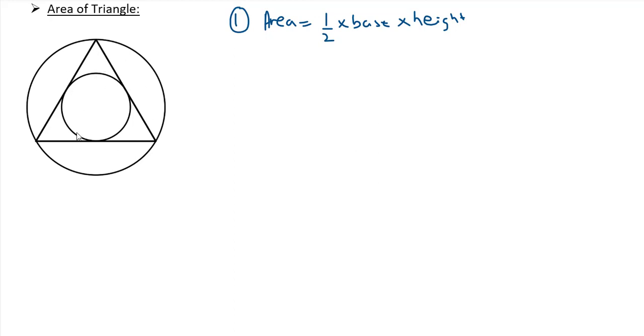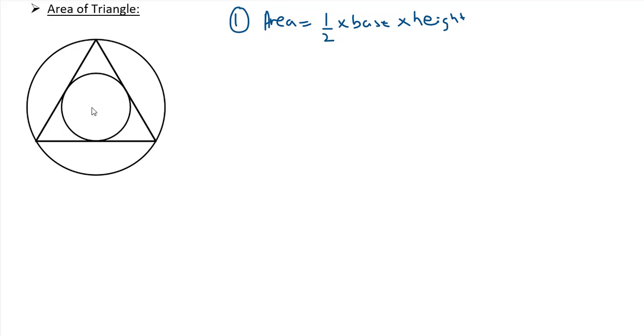This is a triangle, and the circle drawn inside the triangle is called the incircle, and the circle drawn passing through the vertices of the triangle is the circumcircle. We'll see in detail what a circumcircle and an incircle are. For now, just understand that a circumcircle always passes through the vertices of the triangle. An incircle is drawn in such a way that all three sides of the triangle are tangent to it.